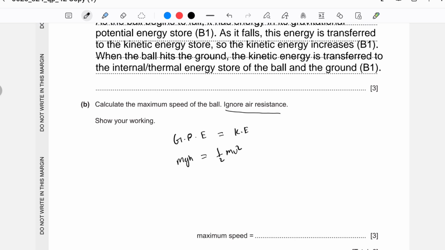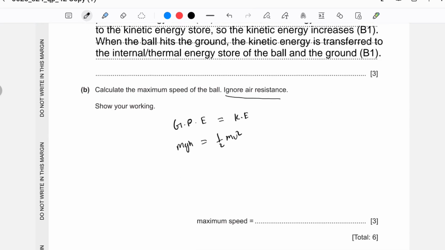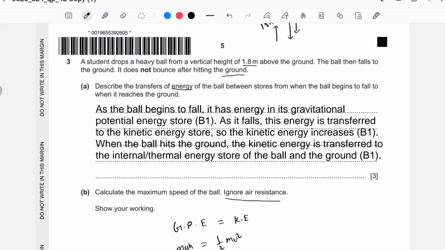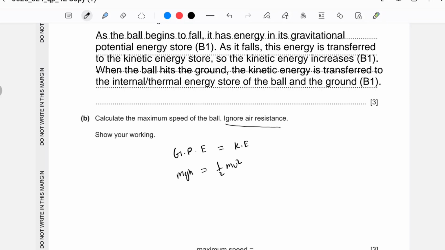This is quite a common question where you have to use this concept, and as you can see in this question, masses are not given, but when we use this concept we have the mass on both sides, therefore we don't need the mass.